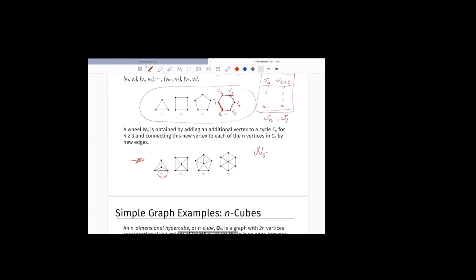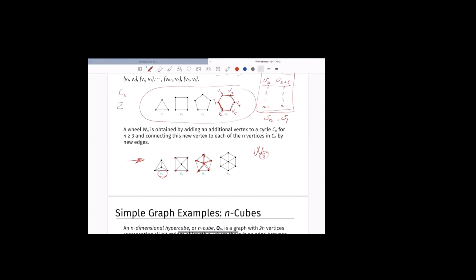In W5, you have 5 vertices around the wheel on the periphery. Then you have the center of the wheel, the hub, connected with spokes to every other vertex.